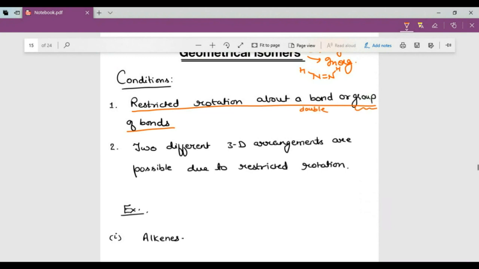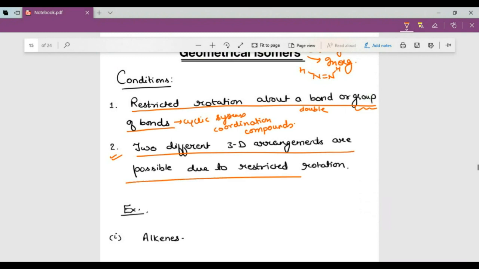A group of bonds, then I will say cyclic systems. Okay, coordination complexes: you cannot specify which bond alone is responsible for restricted rotation. It could be a set of bonds involved. Okay, and about this restricted rotation, there should be two different three-dimensional arrangements possible.